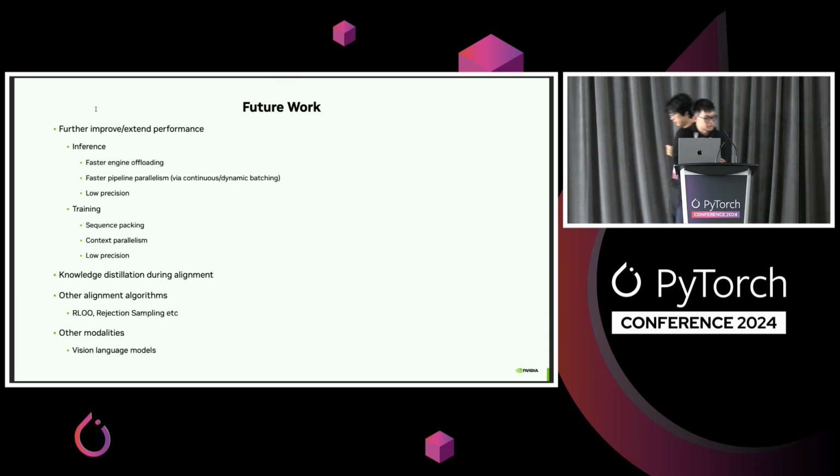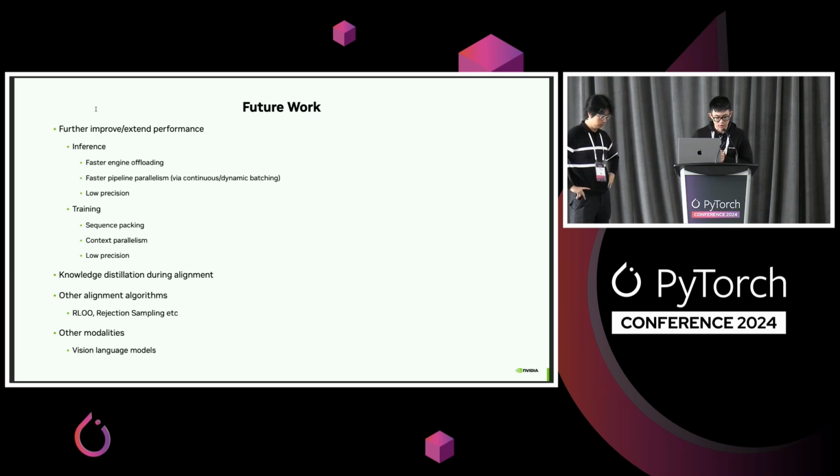Thanks. So to conclude, for future work, we're obviously going to look into more alignment techniques. In particular, one thing that's of interest is doing knowledge isolation during alignment. This poses new challenges because we also have to run a large model inference while doing the alignment process. We also want to apply TRT-LLM generally to other online-like algorithms like reinforce leave-one-out and rejection sampling.